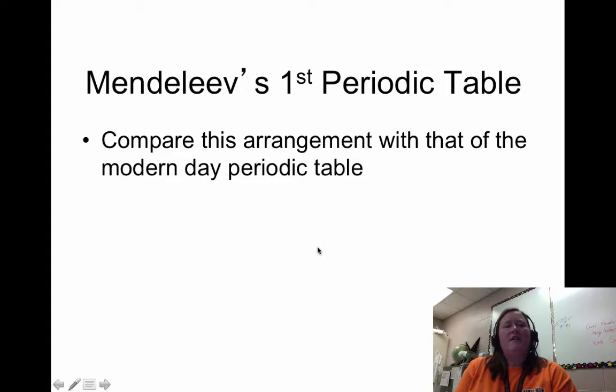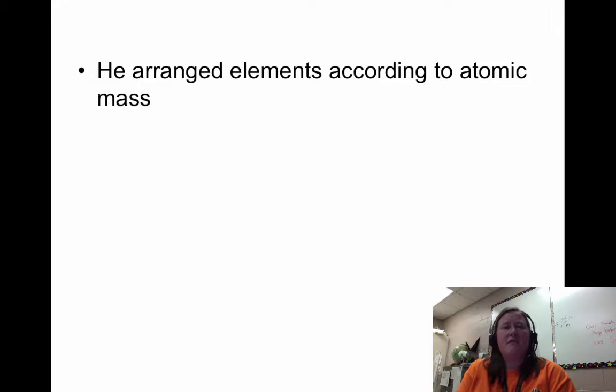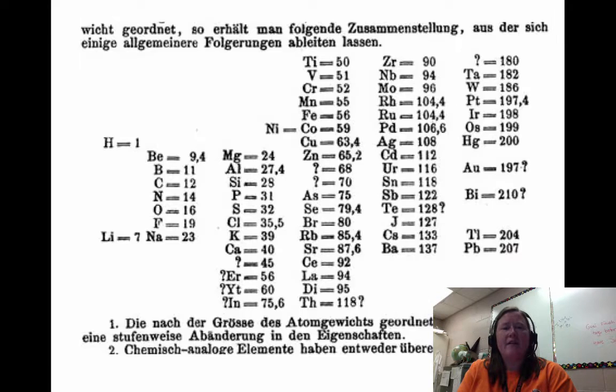So his first periodic table, what I asked you to do while pausing it was to compare this arrangement with that of the modern day periodic table and look at how it was arranged. And as we just discussed, he did arrange according to atomic mass, and he also arranged according to atomic properties.